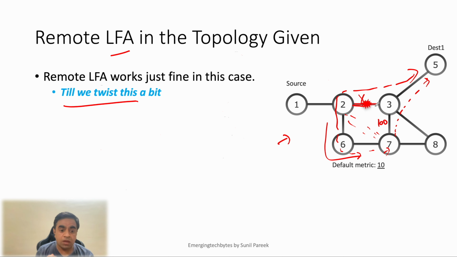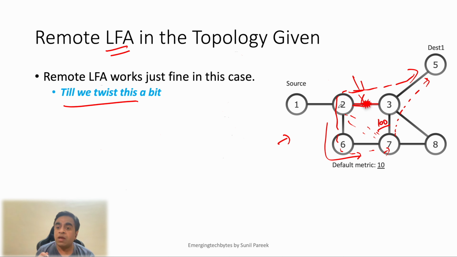Same way, you need to calculate the backup path, the loop free alternate backup path, when the link that you are trying to protect, that means this link, is up. And when this link is up and with this higher metric, 7 will send the traffic back to 2, 3 and then 5. That means remote LFA will cause issues in this.